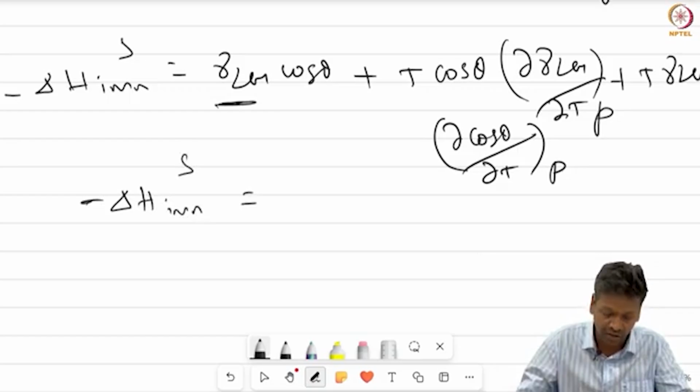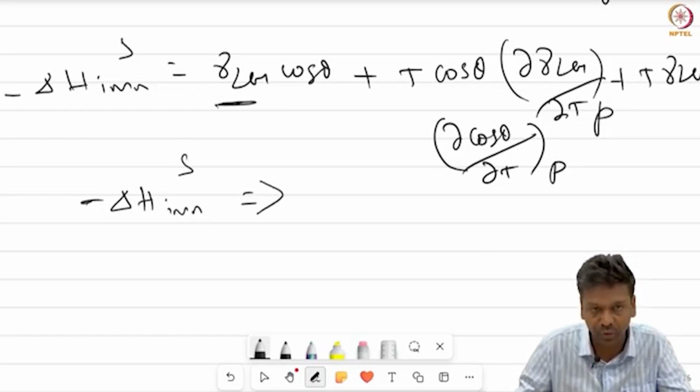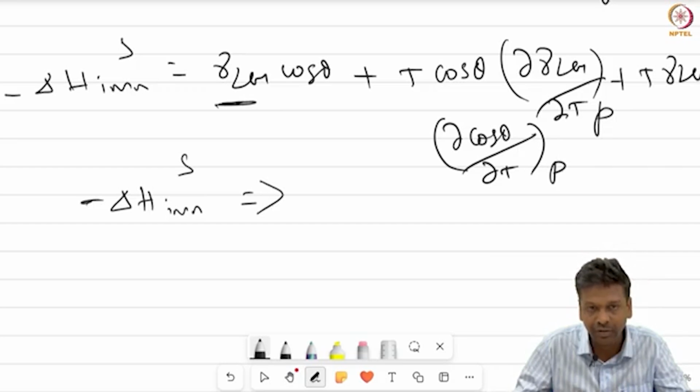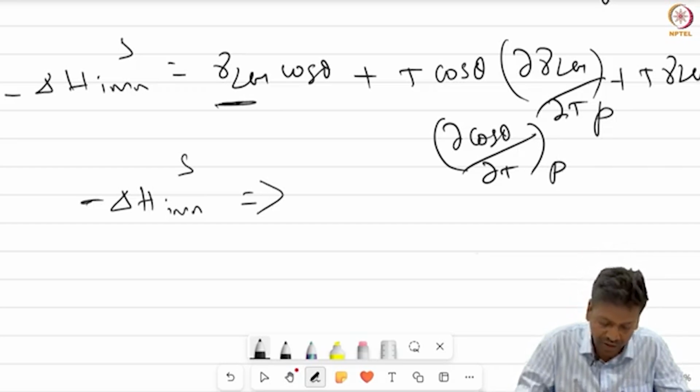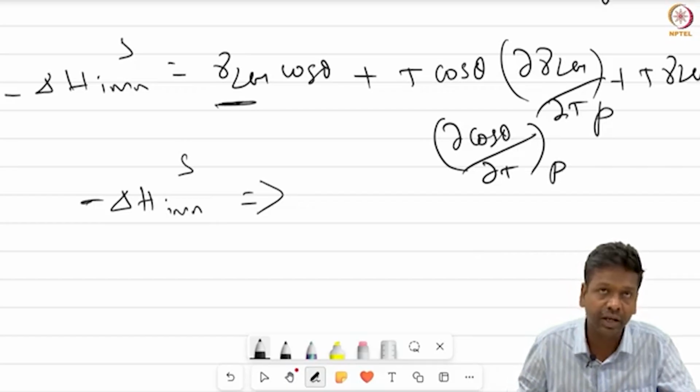In this way, you can calculate the delta H immersion of a dry solid whenever it is immersed in the liquid, that is, the amount of heat released from the process. That is exactly what we calculate using this equation. This equation has been verified.